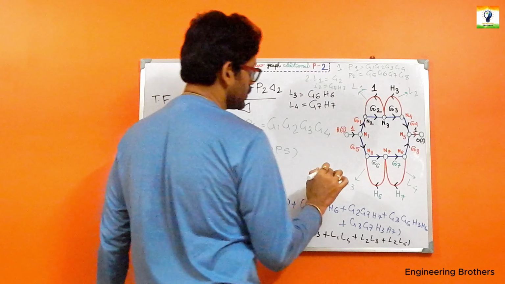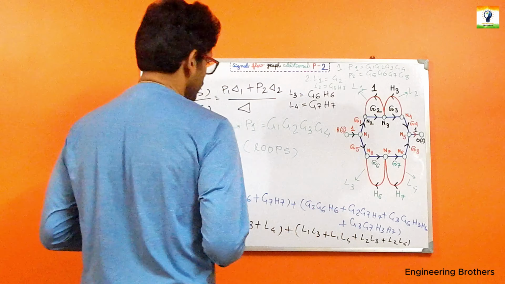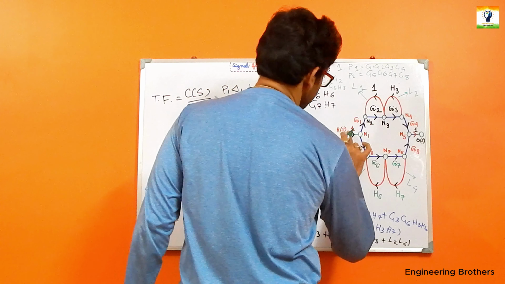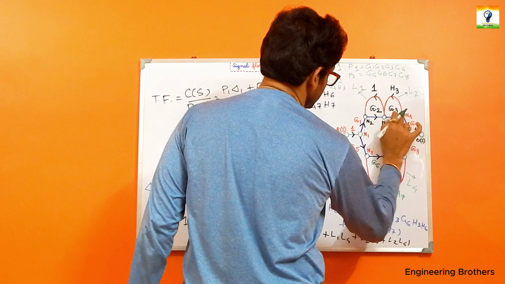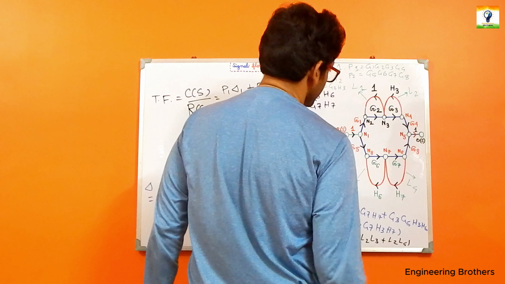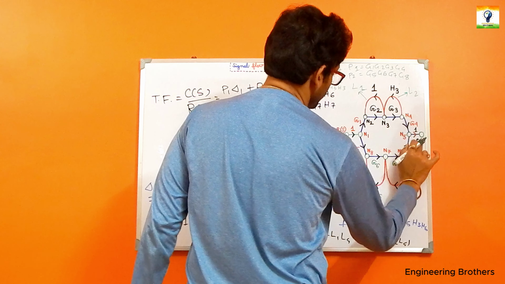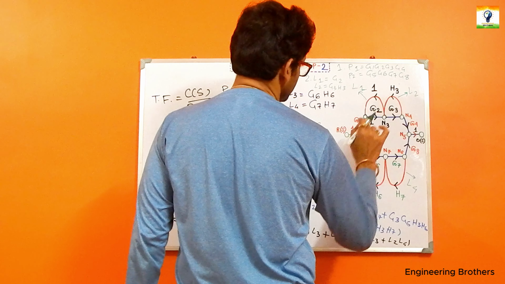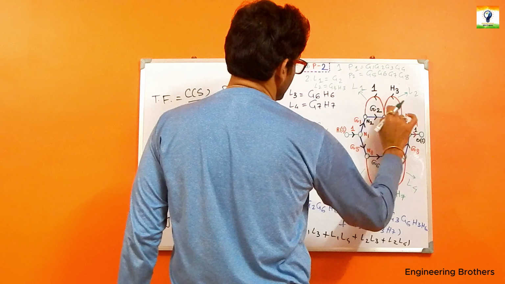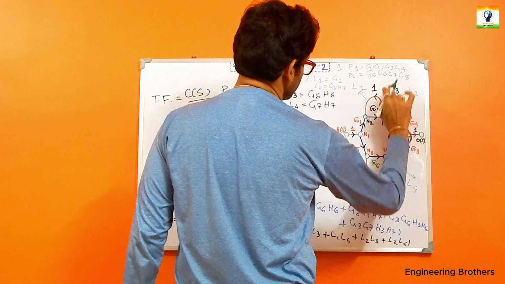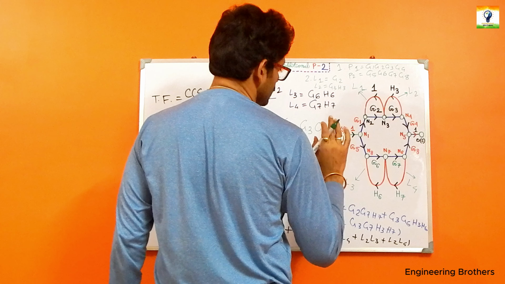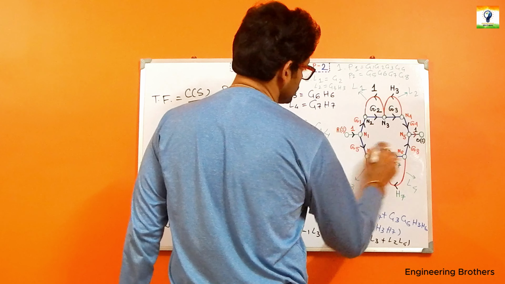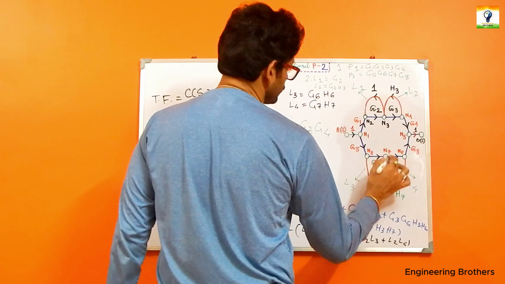In this case, follow the path 1, G1, G2, G3, G4 and 1. This is our forward path, and clearly you can see that it touches the loop of G2, and the next loop G3, H3, but it is not touching these two lower loops.